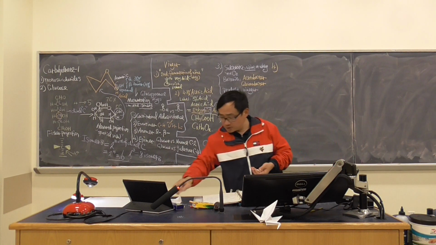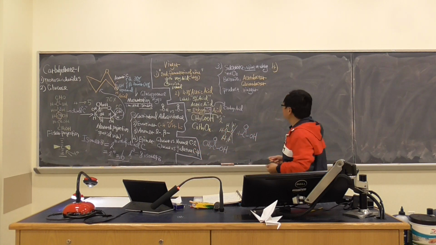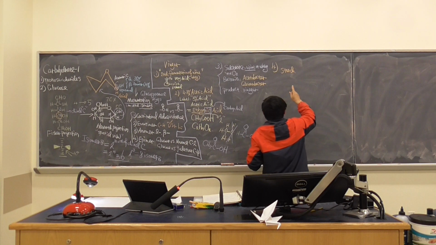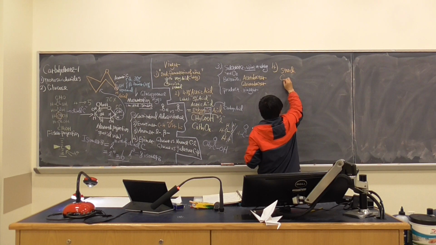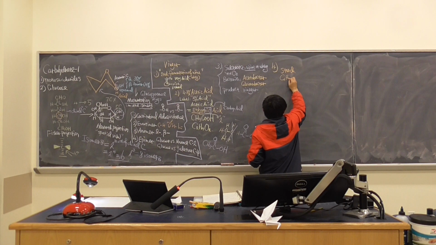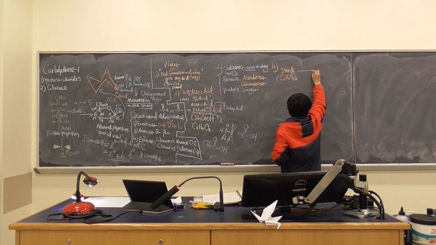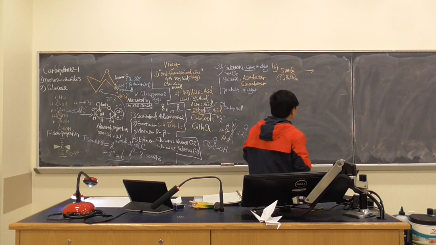Originally, from the beginning, we have starch. So what is starch? We'll talk about it. It's a polysaccharide, C6H10O5. Because it's a polysaccharide, we just write it in. And starch cannot be used because the molecular weight is too huge.